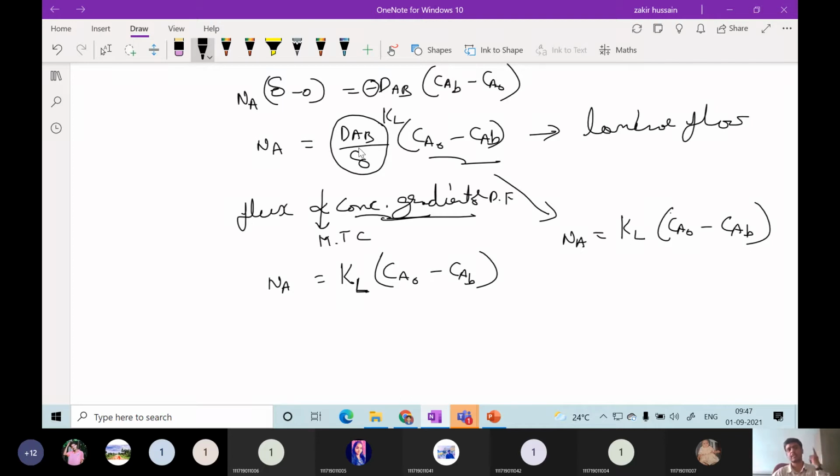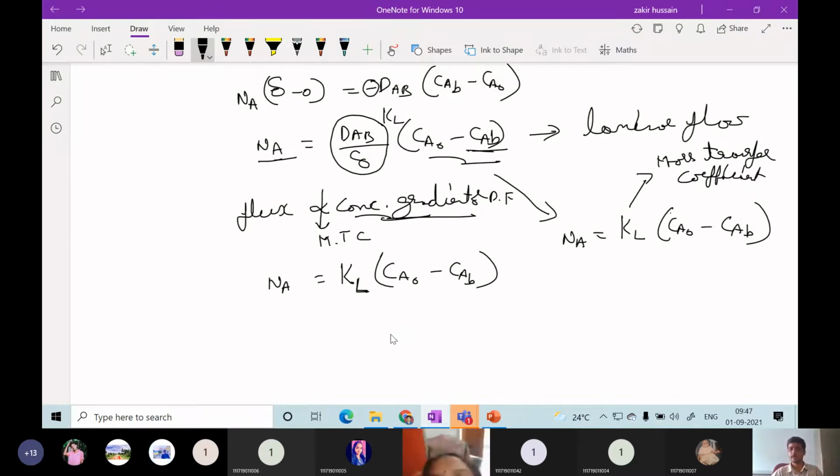We have seen in the initial mass transfer coefficient definition that whatever variables are left after defining flux and the concentration gradient, or pressure gradient, or driving force, all those terms are clubbed together and called the mass transfer coefficient, where KL is the mass transfer coefficient and KL is equal to DAB by delta.